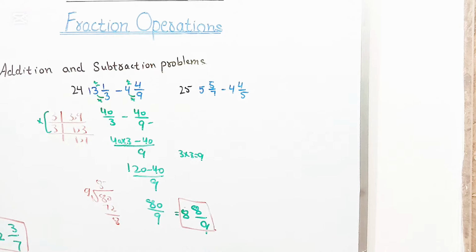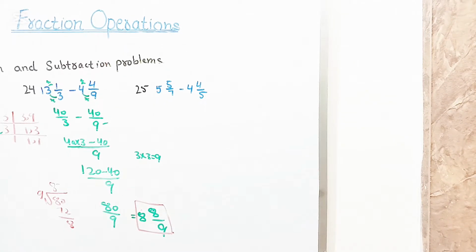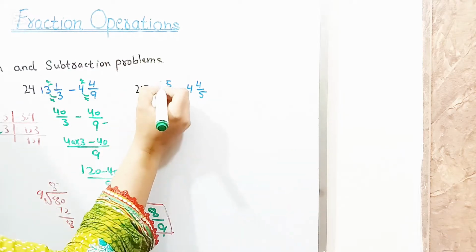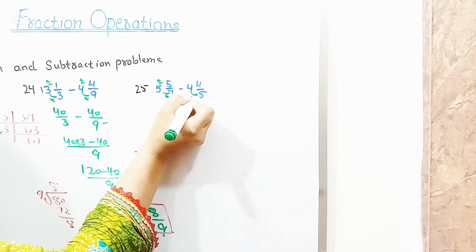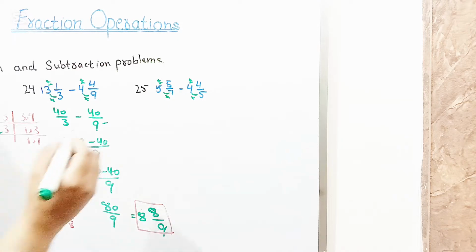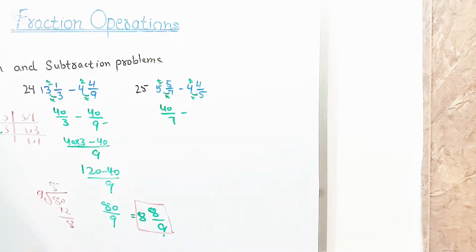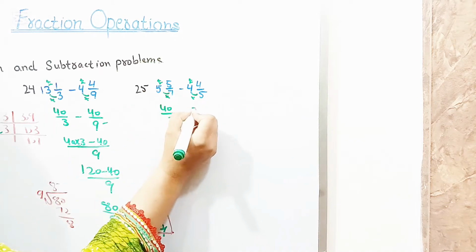Next, question number 25: 5 over 7 minus 4 4 over 5. We multiply 5 multiplied by 7 and then we add them. 5 7s are 35 plus 5, 40 divided by 7, minus 5 4s are 20 plus 4, 24 divided by 5.